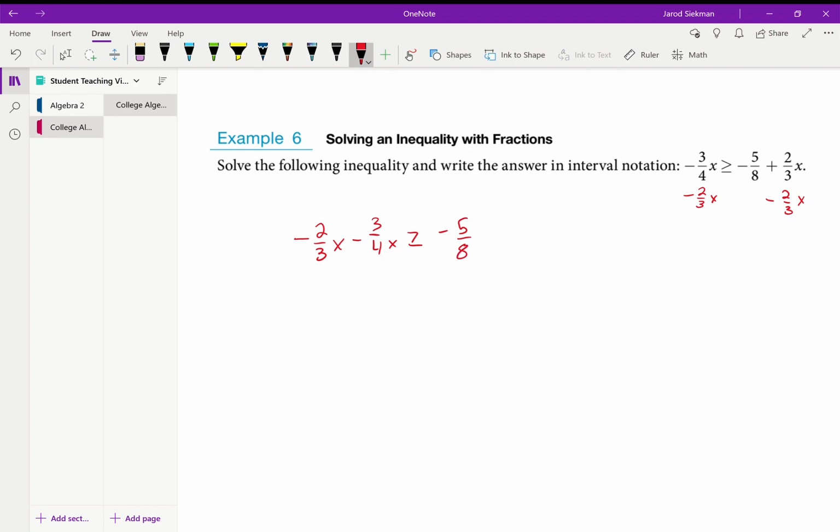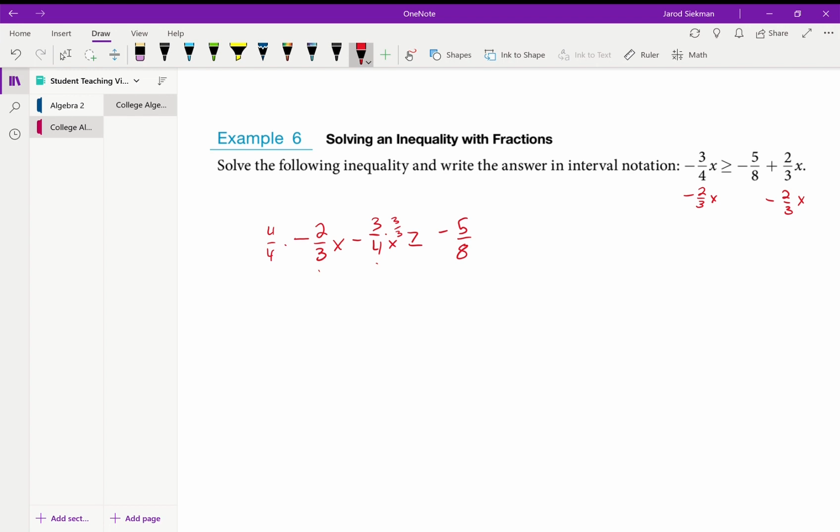So what we want to do is get these to be common denominators, and the common denominator of 3 and 4 would be 12. So we multiply this one by 4 over 4, multiply this one by 3 over 3.